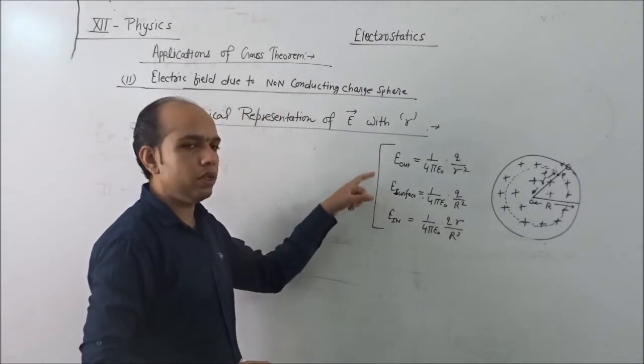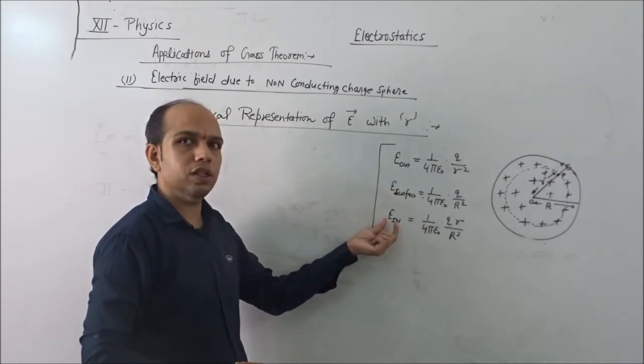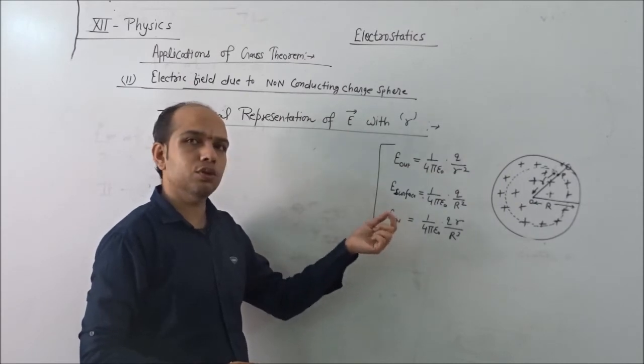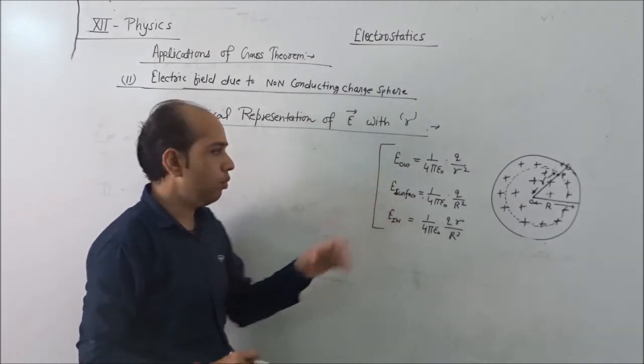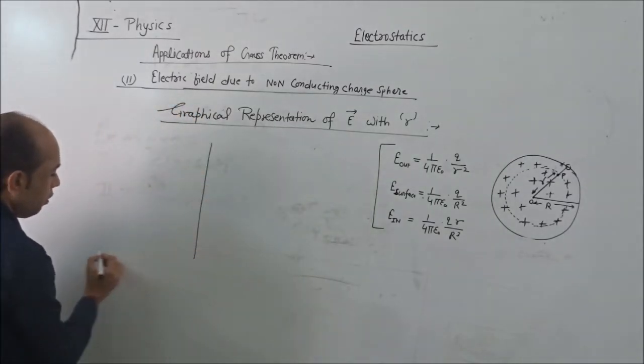The first two results are the same as for a conducting charged sphere, and the only difference is in the third one. In the case of a conducting charged sphere, E inside is equal to 0. For a non-conducting charged sphere, it has some value. So again we draw two axes.